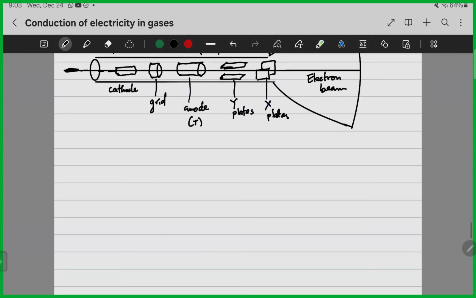Okay. Let me make the last couple of statements about the cathode ray oscilloscope and proceed to the final topic.